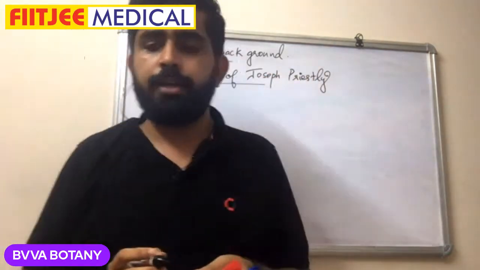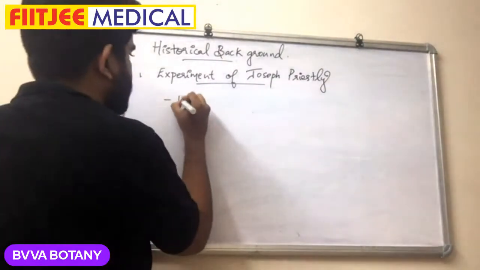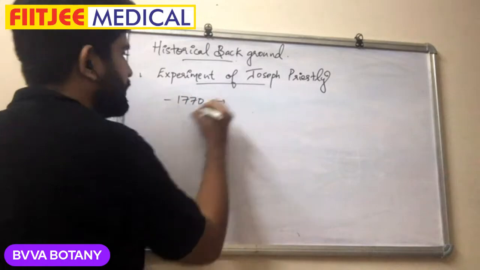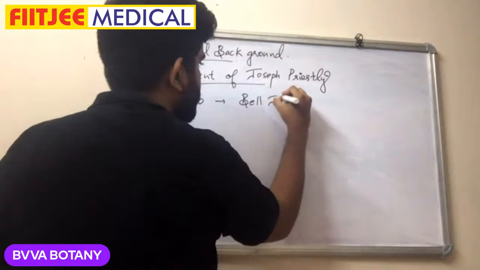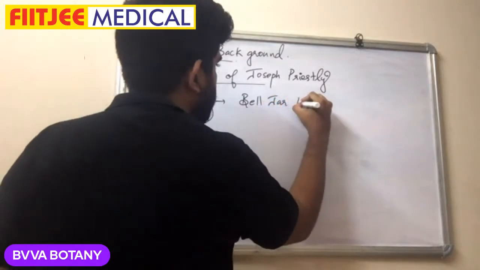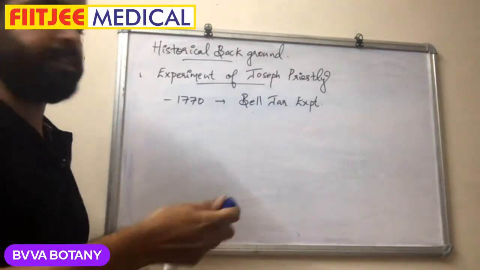In the year 1770, Joseph Priestley conducted a very famous experiment known as the bell jar experiment. So what is that experiment?